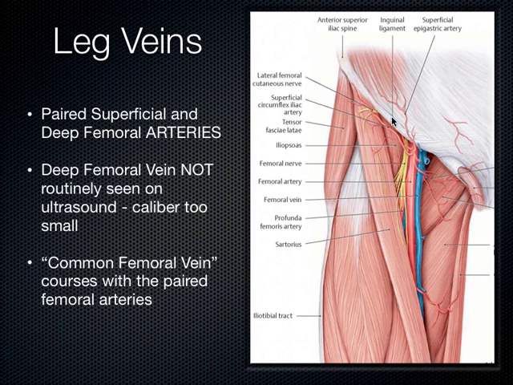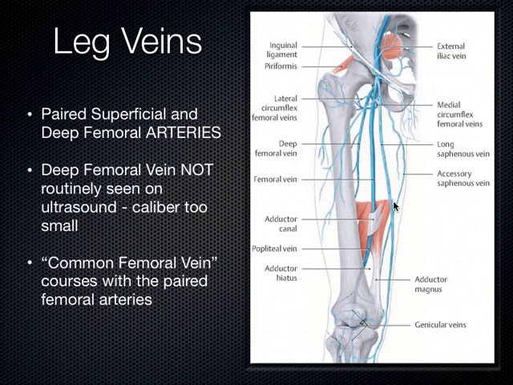And so we can see the common femoral vein very easily until it dives down underneath some of the muscles and fascial layers more distally down the thigh. What happens when you get down into this adductor canal, sometimes called the superficial femoral canal, is it gets very difficult to insonate or to view the femoral vein.